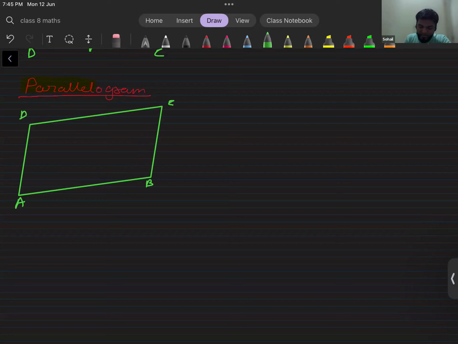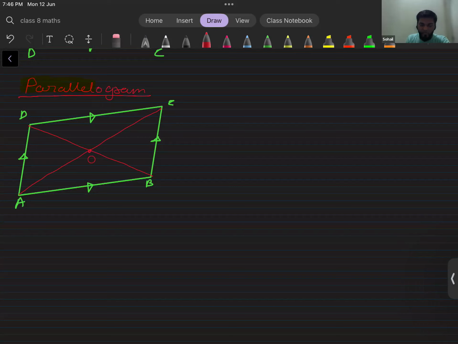Side AB is parallel to side DC, and side AD is parallel to side BC. So we say that a quadrilateral in which opposite sides are parallel and equal is called a parallelogram. Also, if you draw the diagonals, if you join the non-consecutive vertices of this parallelogram, what do we observe here? That the diagonals will bisect each other at a point O.